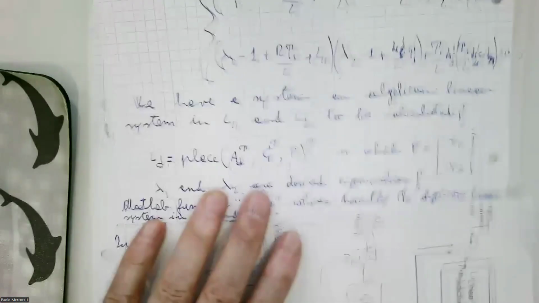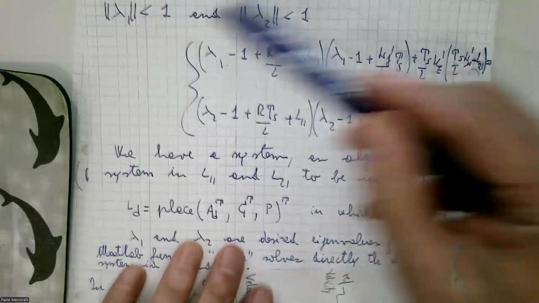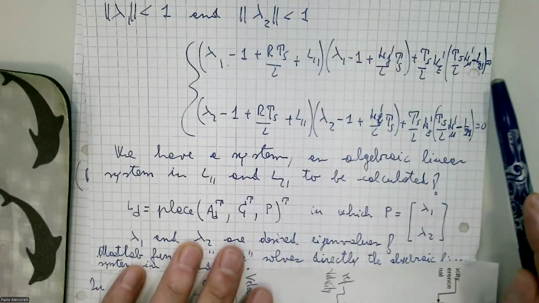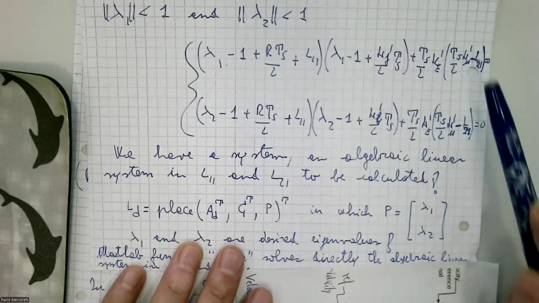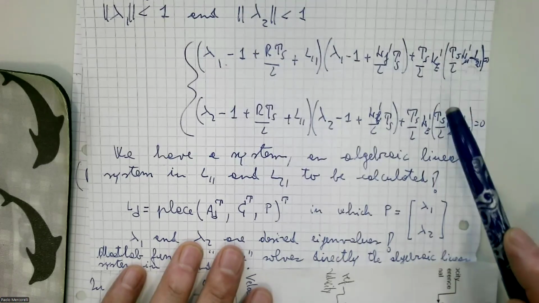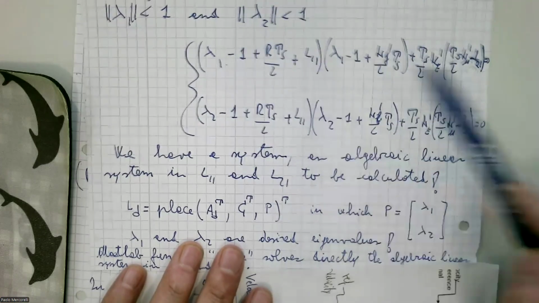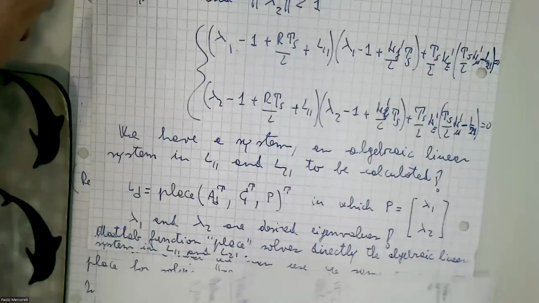As I told you before, this is an algebraic linear system, in which the unknowns are L21 and L11, or L11, L21. If the system is observable, we always have a solution.